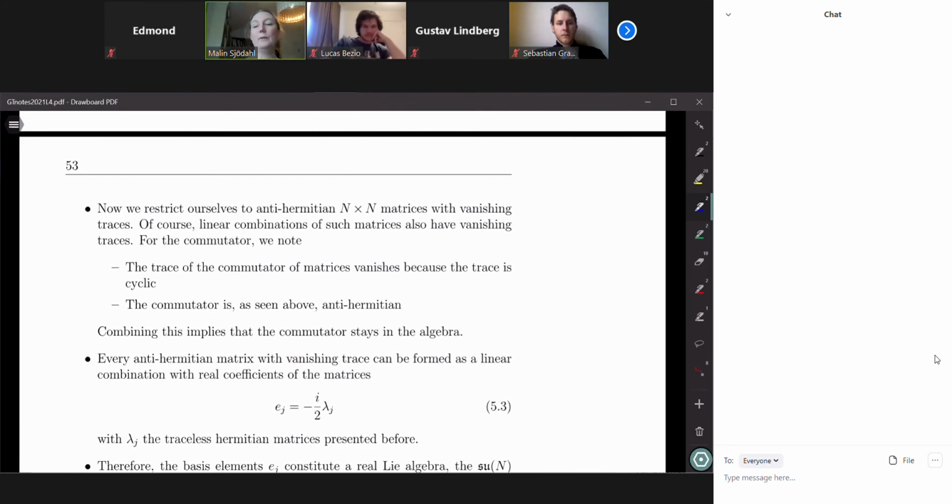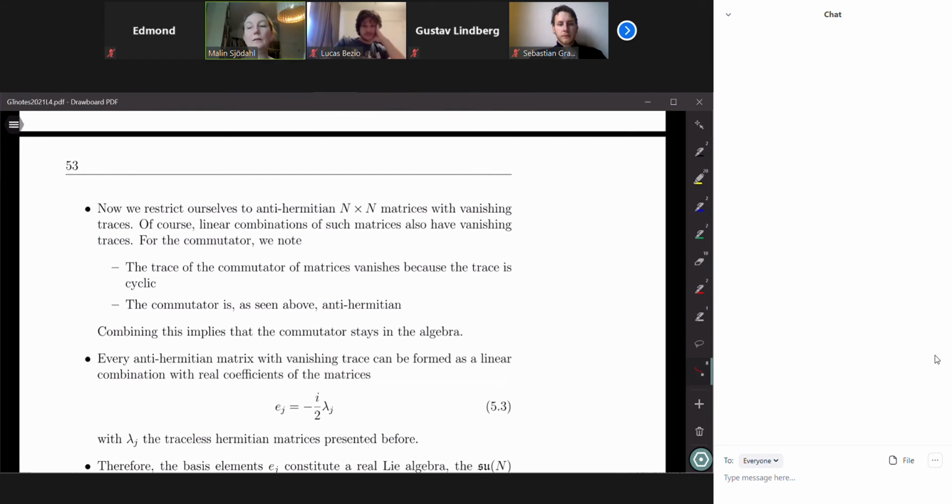Now, we want to restrict ourselves to the anti-Hermitian matrices with vanishing trace. If we take linear combinations of those, we still have a vanishing trace, but we should also explore the commutator. The trace of the commutator vanishes because the trace is cyclic.